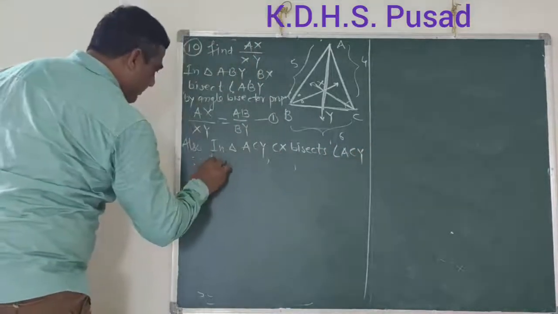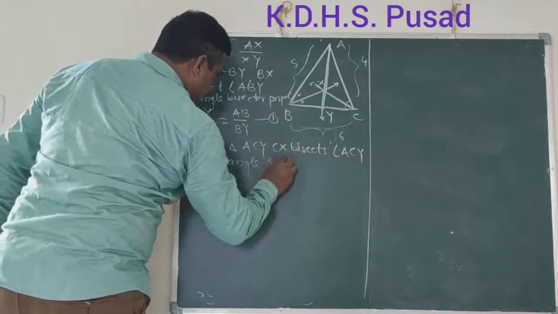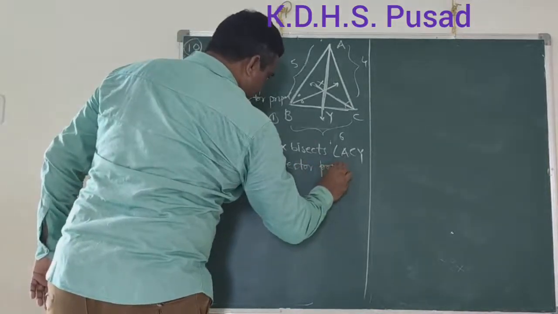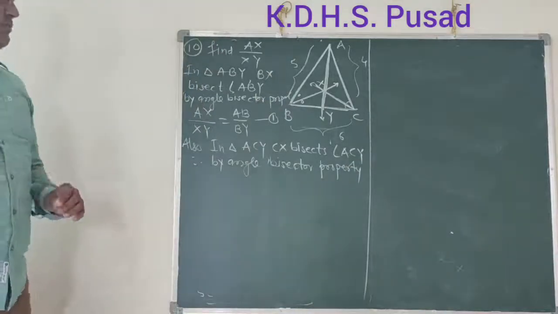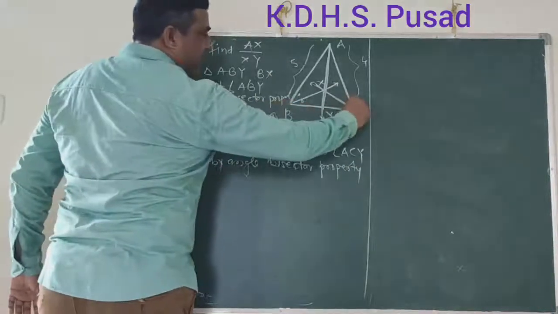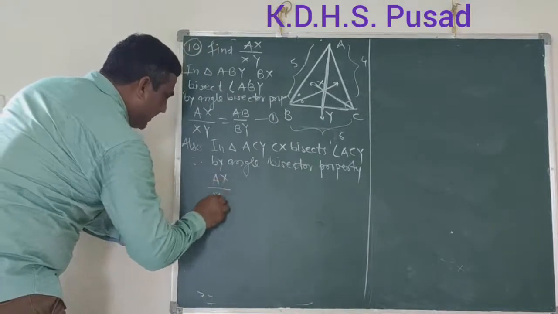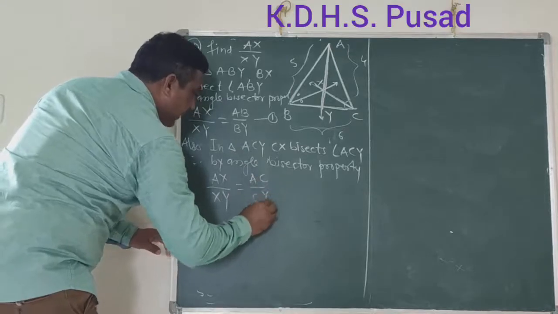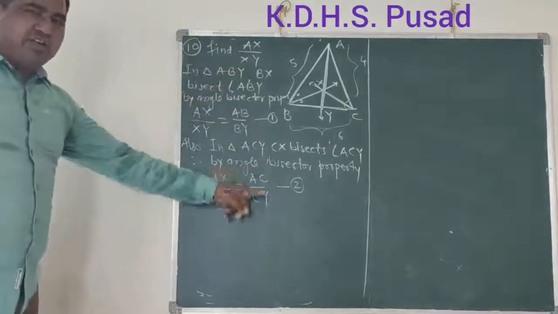Therefore, by angle bisector property, what do we get? Again, side opposite to the angle, this one, are in the ratio AX by XY is equal to AC by CY. Equation 2.